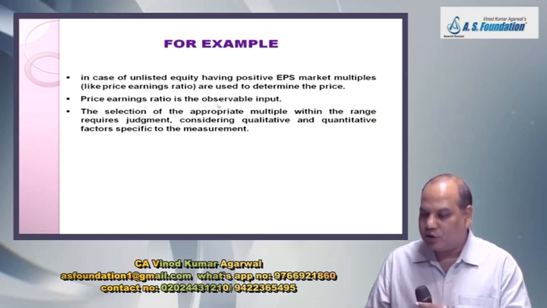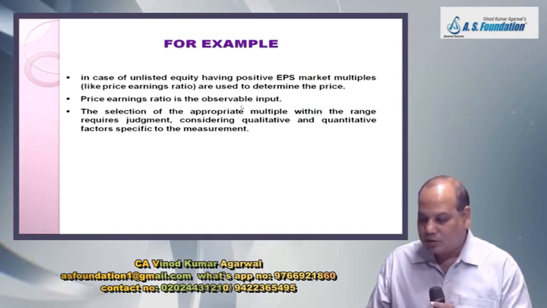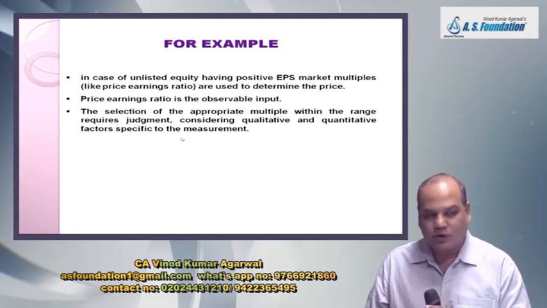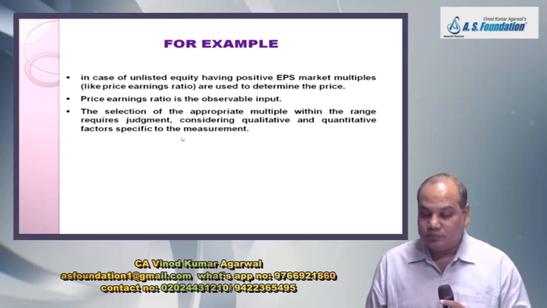So the PE ratio will be called an observable input because there is a market price, there is EPS, they are available from the quoted market. So the selection of the appropriate multiple within a range requires judgment considering qualitative and quantitative factors specific to the measurement.